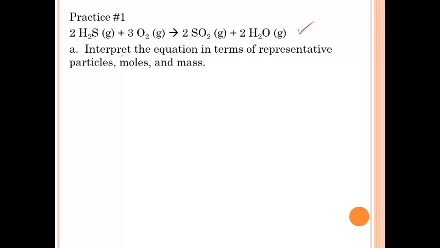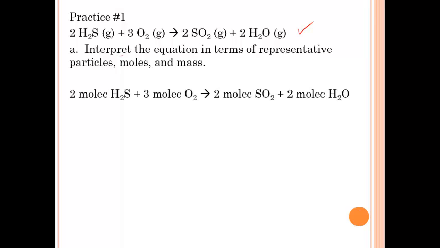So the representative particle is going to be molecules, because each of these, H2S, sulfur and oxygen, H and O, are nonmetals. So we're going to be using molecules for our representative particle.